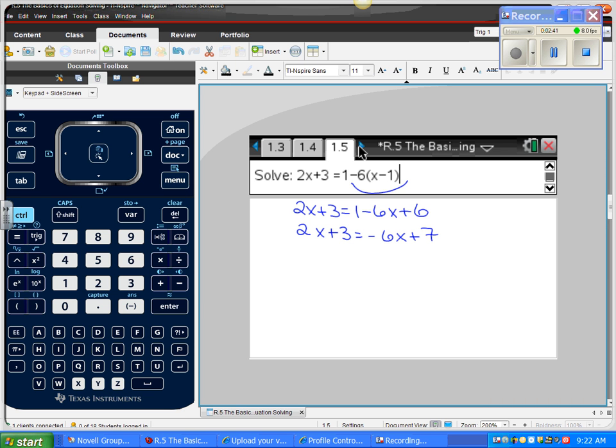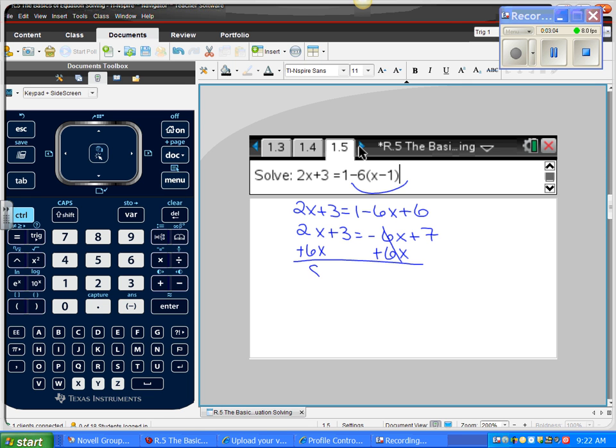Now we're solving for the variable, so we want to isolate the variable. Isolate means to get alone. We have a 2x and a negative 6x, so we want to get all of the variables to one side and all the constants to the other. I don't normally like to deal with negative variables, so I'm going to get everything to one side so that my variable will be positive. I'm going to add this 6x over here.